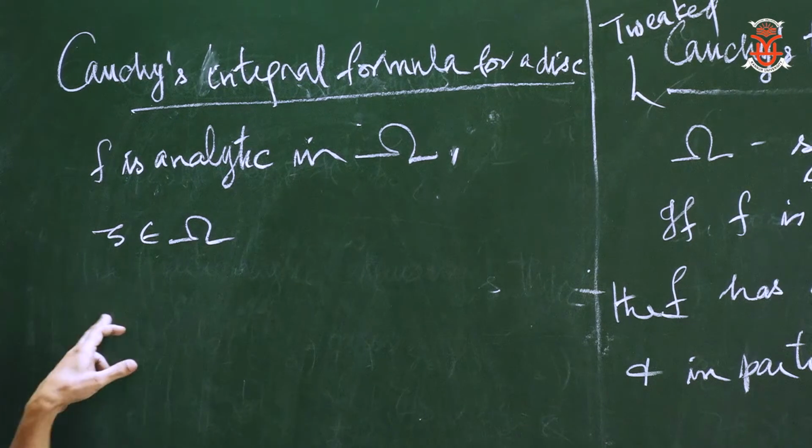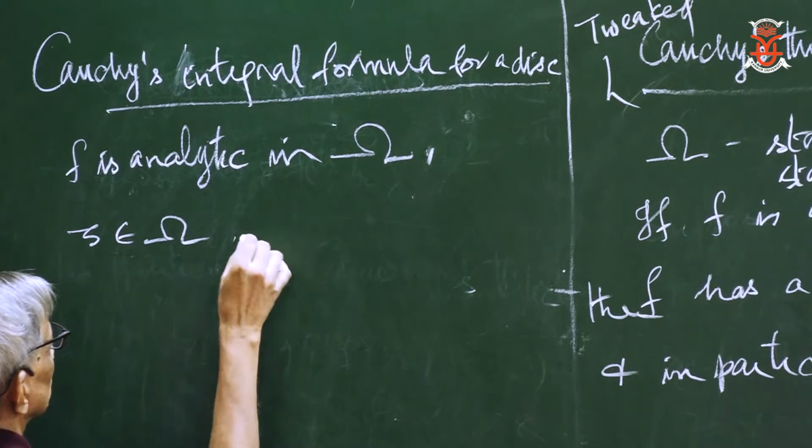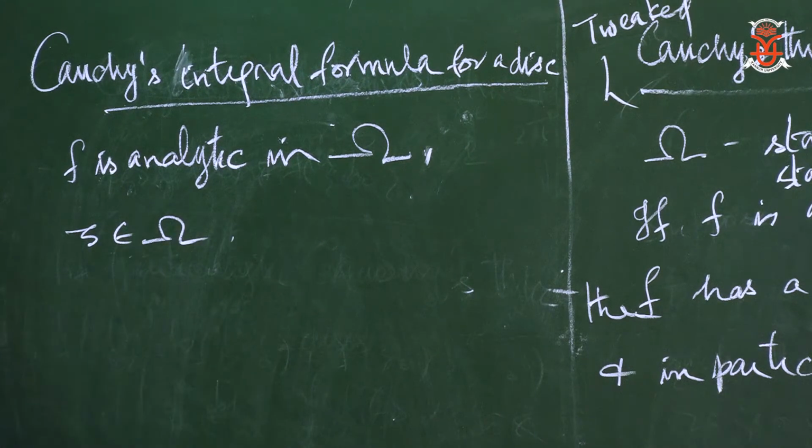Take any point and choose a closed disk around zeta contained in omega.